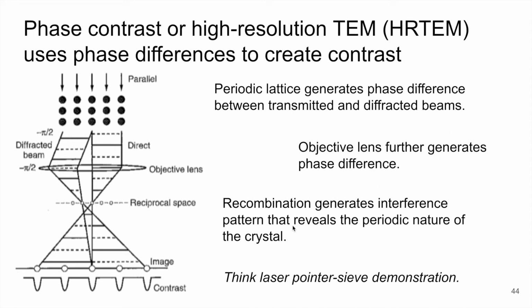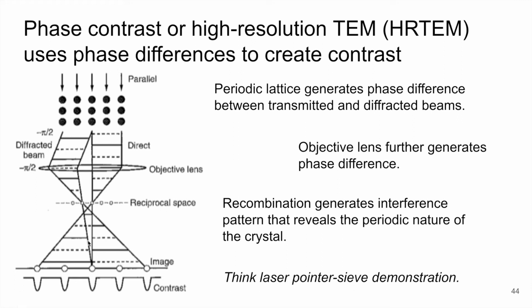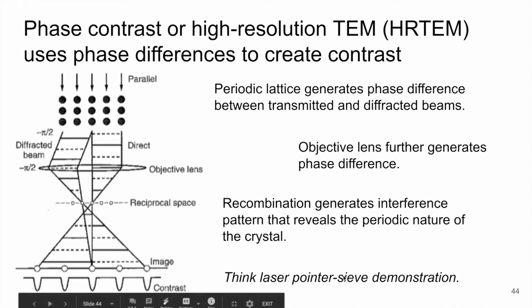So this is sort of the reciprocal space patterns that you've seen that give us the periodic nature of the crystal. Those recombined, and the phase differences between them give us differences in amplitude. If you think back to where I did the laser pointer and the sieve demonstration, it's very similar to that, right?